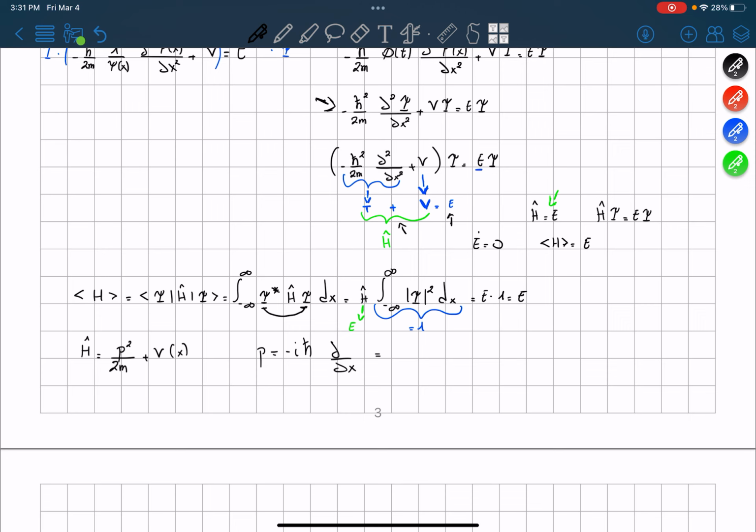So if we square this, p squared is equal to negative h bar squared, and then the second derivative in terms of x squared. As you can see, we can plug it in our H operator, and we get it back to our original function, that is this one over here. So negative h bar squared over 2m, second derivative of x squared, and of course the V of x remains.